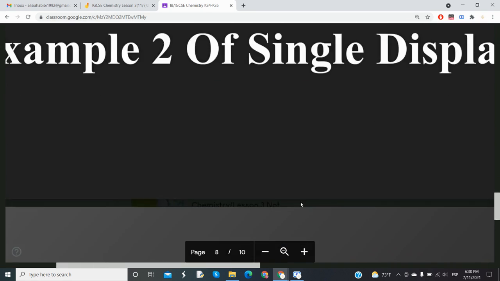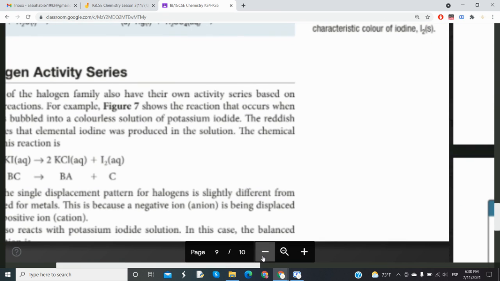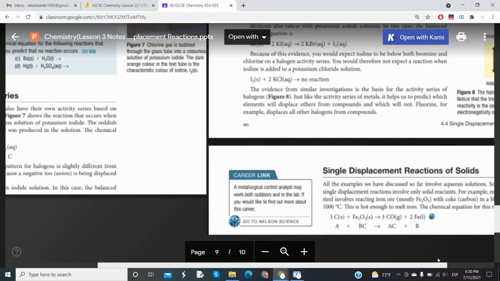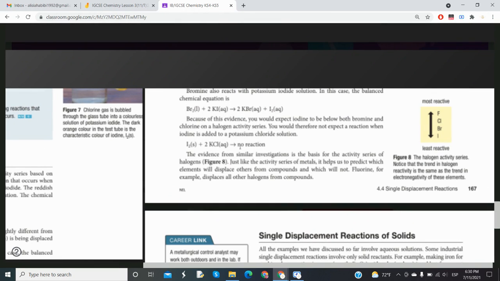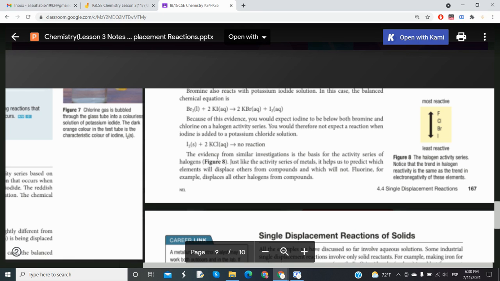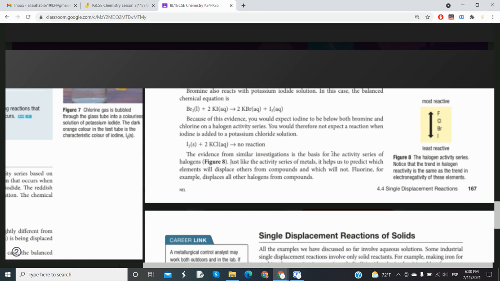So that's one thing. Another thing, I'm going to scroll back down so that we can look at it. Okay, we're here, guys. So there is no reaction. They said the evidence from similar investigations is the basis for the activity series.